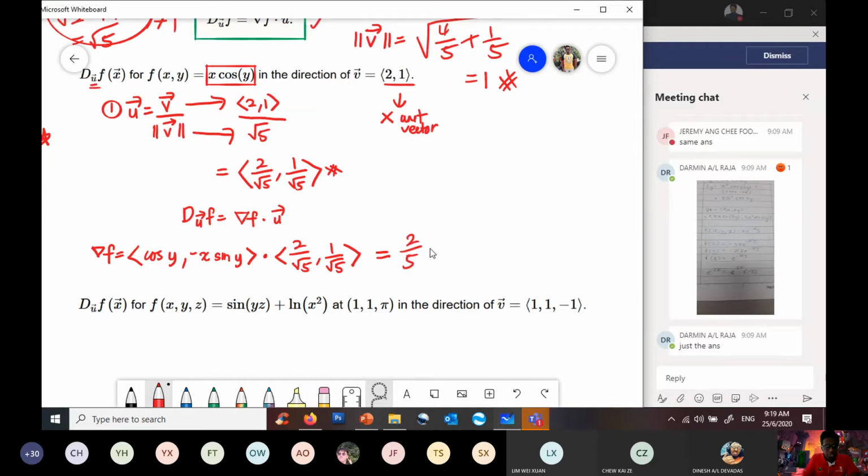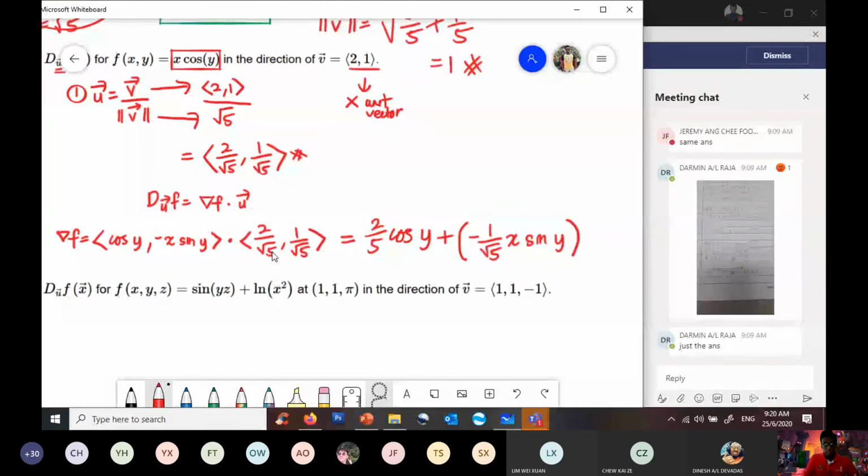I don't simplify it because it's impossible anyway. Plus second component times second component, so that would be negative 1 over square root 5 times x sine y. And positive and negative becomes negative, so why not just write a negative?